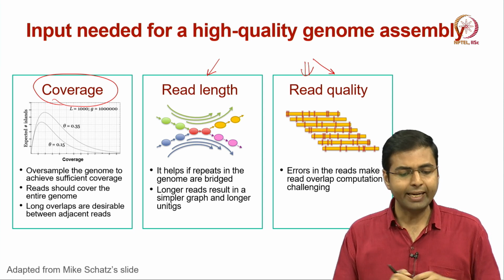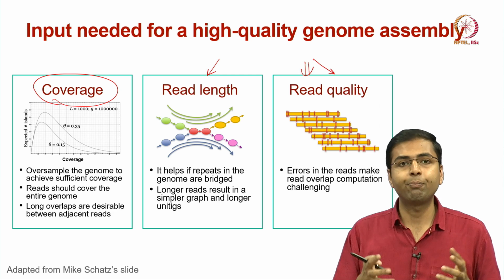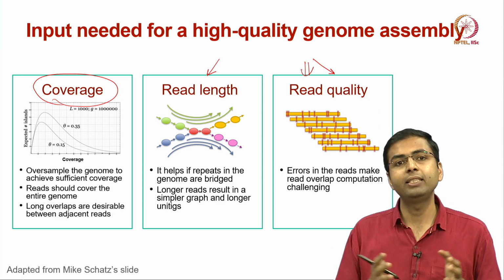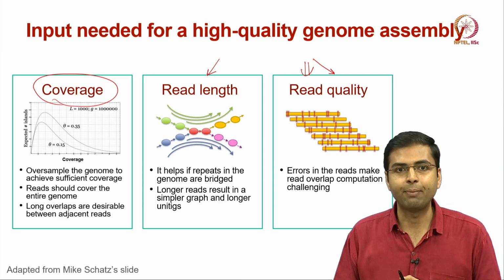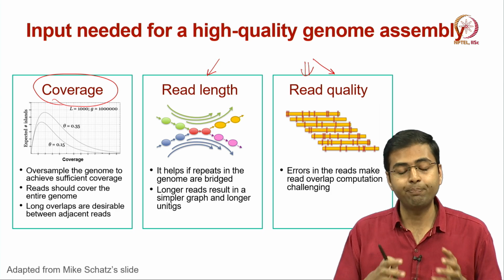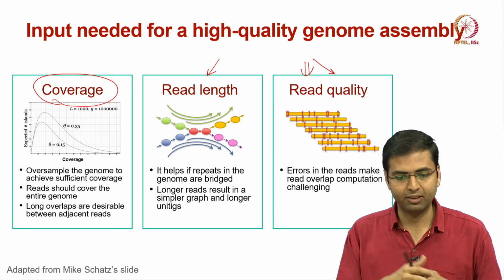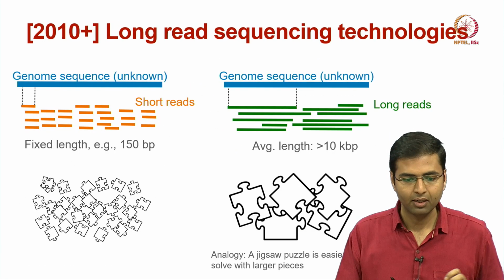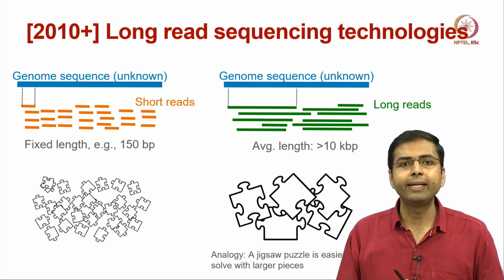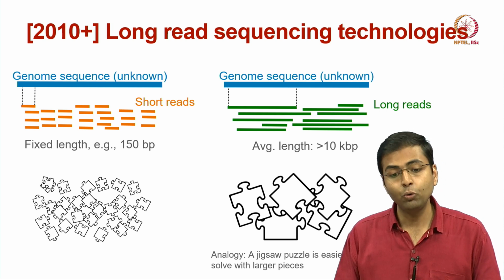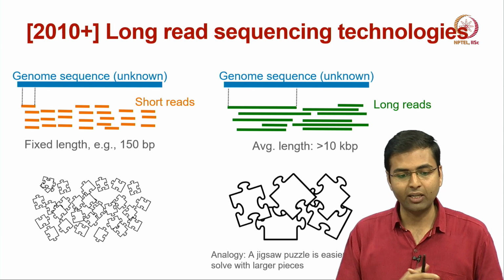With that in mind, let me give you one example of how sequencing technologies have shaped the problem of genome assembly and how they have impacted the quality of assembly outputs. Post 2010 we have a new technology known as long read sequencing technology.